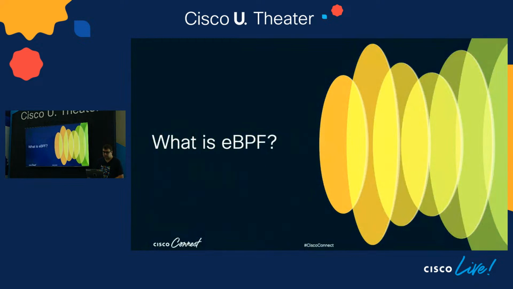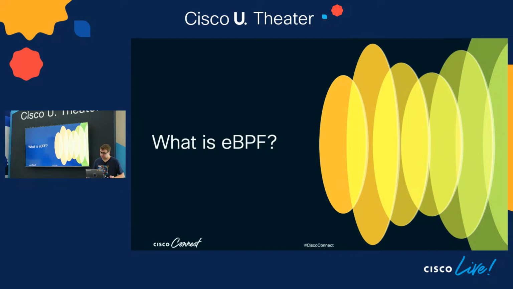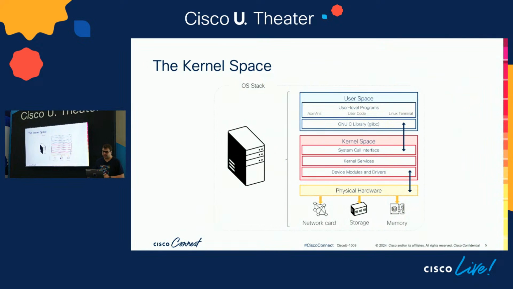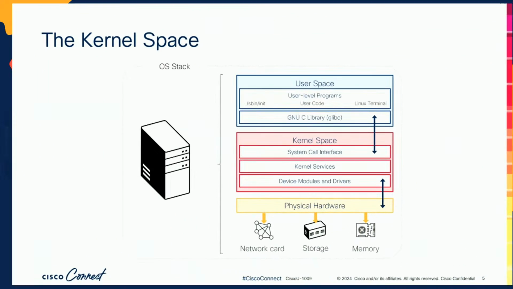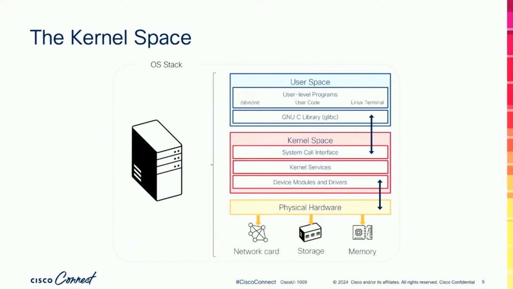So to begin, what is eBPF? And to start, before we even discuss what eBPF is, let's discuss what the kernel space is. So most of us are familiar with operating with computers and systems in the user space.